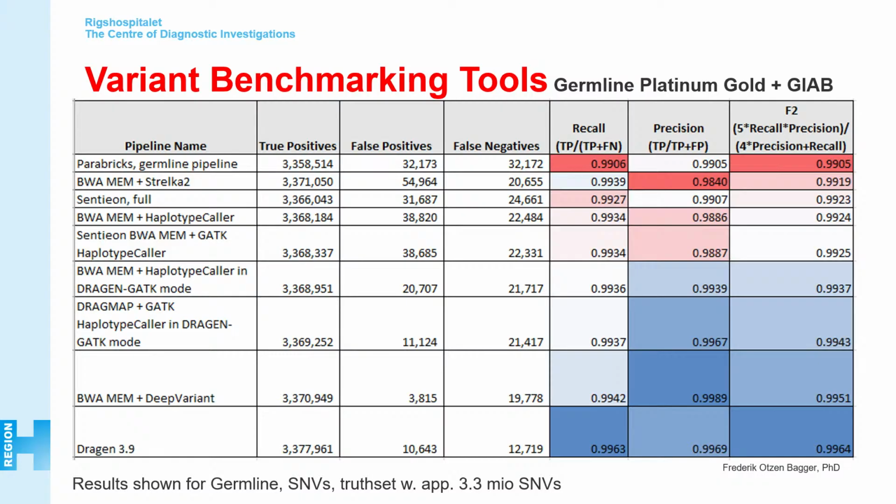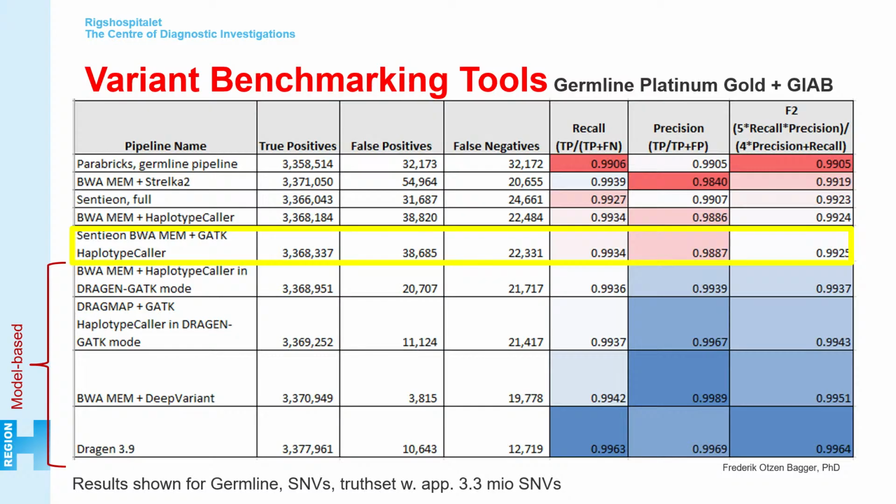Another standard that we use is the benchmarking of variants standard. And this is just an example. It's a little bit outdated, but that's okay, showing how we decide on which tools to implement in our pipeline. We, of course, want the best one, and we don't want the ones that are overfitted.